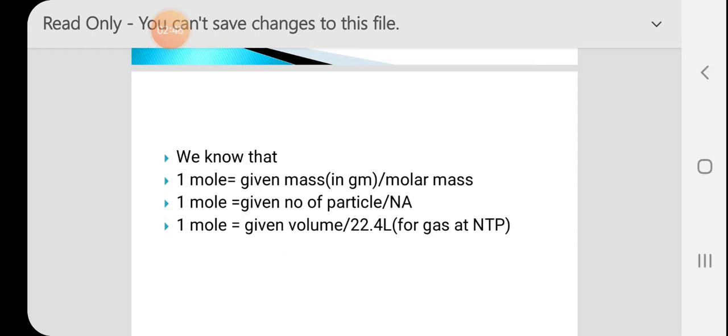And 1 mole is also equivalent to number of particles upon Avogadro number, and 1 mole is also equivalent to given volume upon 22.4 liter. 22.4 liter is the volume of gas at NTP. NTP means normal temperature and pressure.